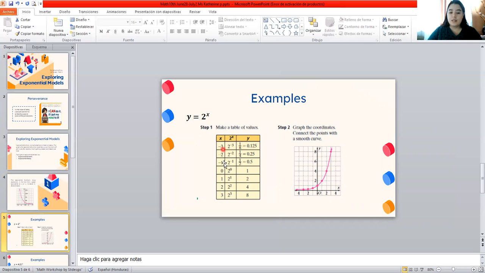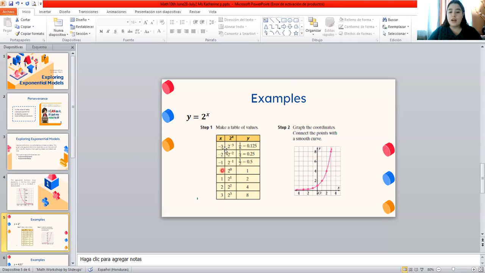And then we have the other values for x: -2, -1, 0, 1, 2, and 3. So for -2, changing the equation, 2^-2, we have 0.25. For -1, 2^-1 equals 1 divided by 2 equals 0.5.